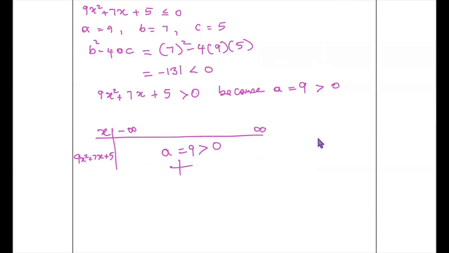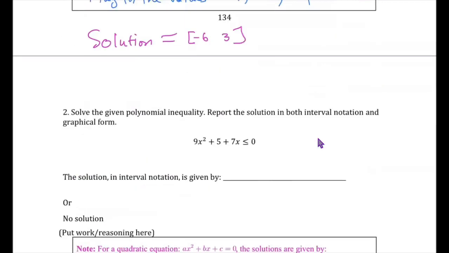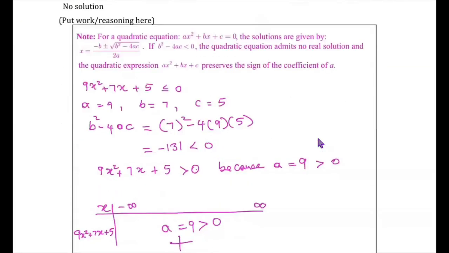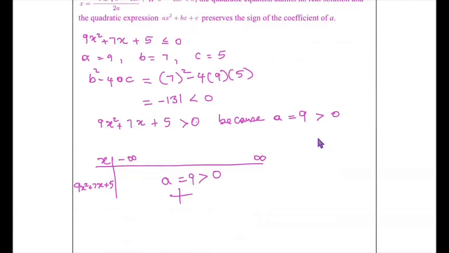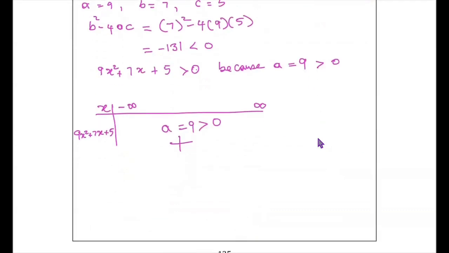Now, we will remember that we were solving for the expression less than or equal to 0. We have no case where the expression will be either equal to 0 or negative. That means there will be no solution for this consideration. So 9x squared plus 7x plus 5 less than or equal to 0 has no solution, because we find a situation where the expression will always be positive.